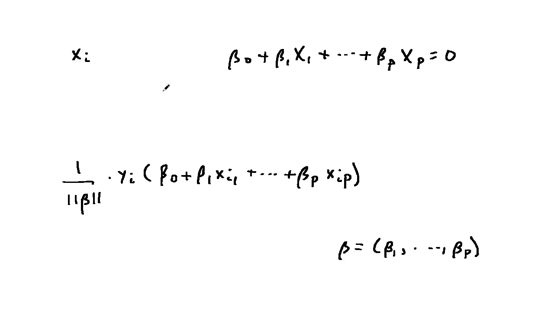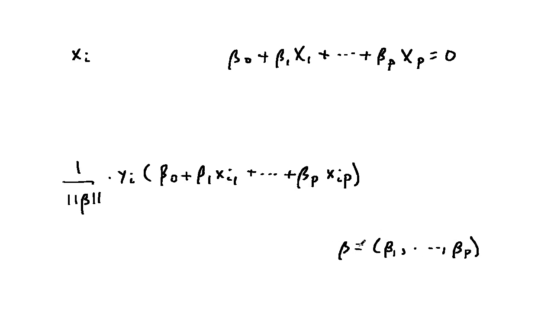The perpendicular distance between xi and this hyperplane is given by this expression. Okay, and here we have 1 over the norm of beta, where beta is beta 1 through beta p.